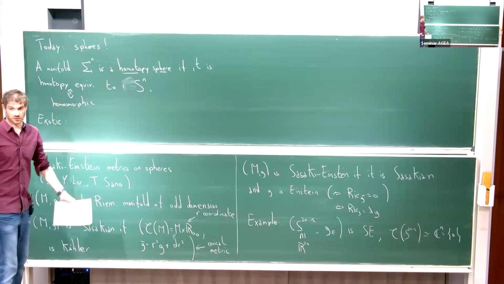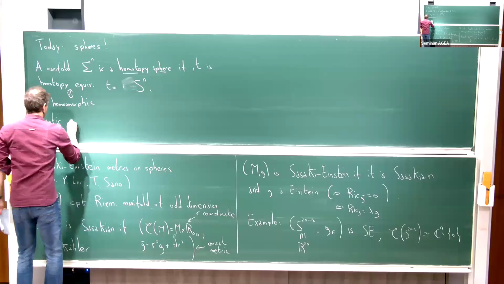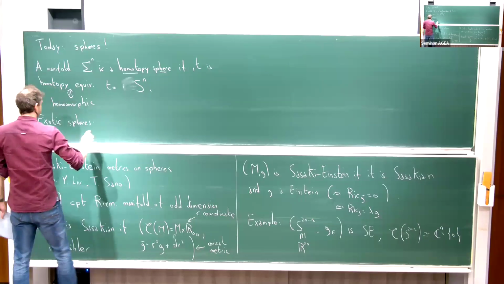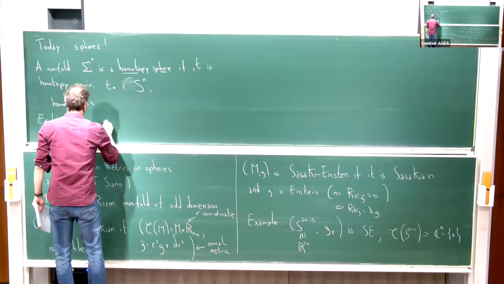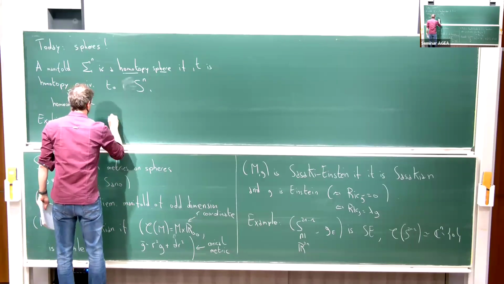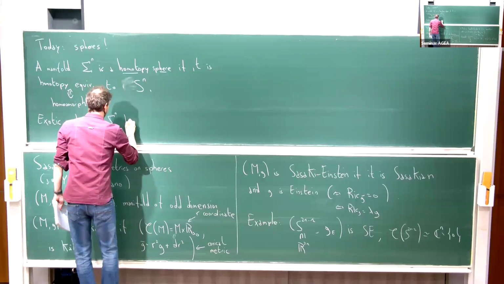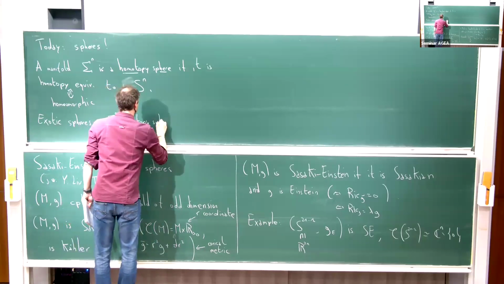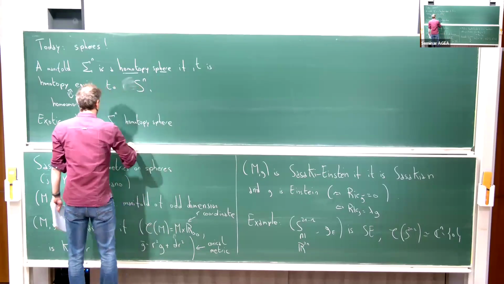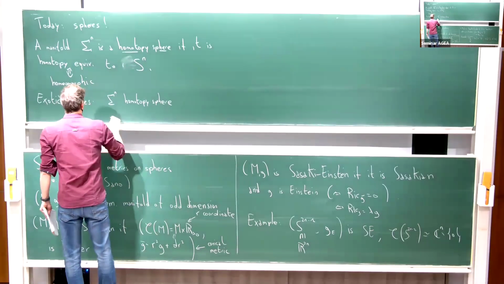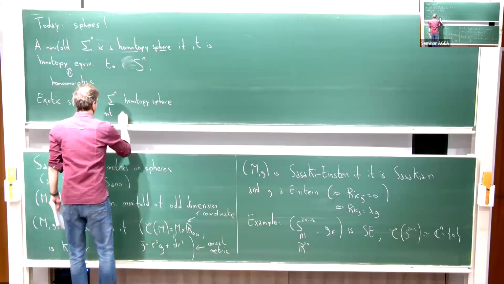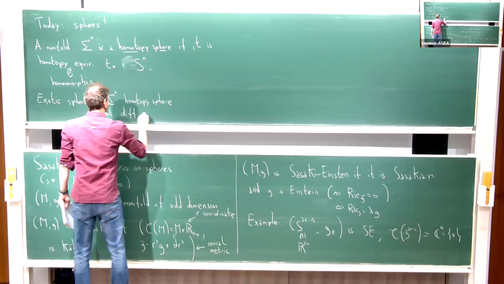They are called exotic spheres. I will talk much more about this later. So now we'll just say an exotic sphere is a homotopy sphere which actually has a different differentiable structure than S^n, not diffeomorphic to S^n.